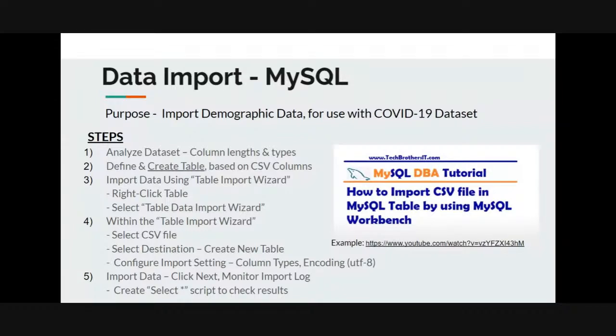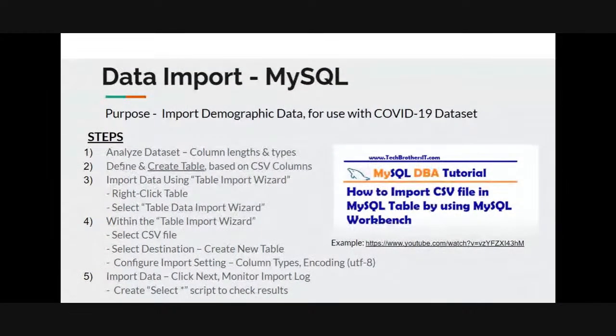As you go through the import utility, it will ask you what table you want to create, what the table name is, if the columns look okay, and so forth. Here's a step: you want to take a look at the data set first, the one I pasted there. I have a PDF file that describes all the columns in the demographic data set, and you can see the data types in there.